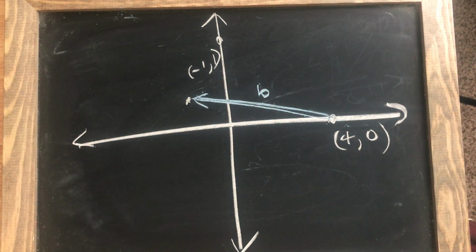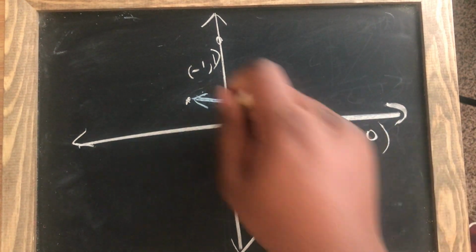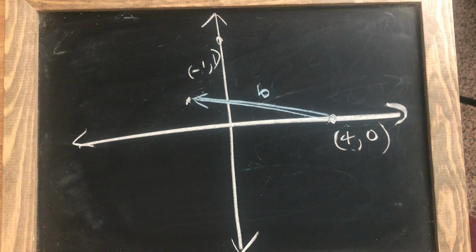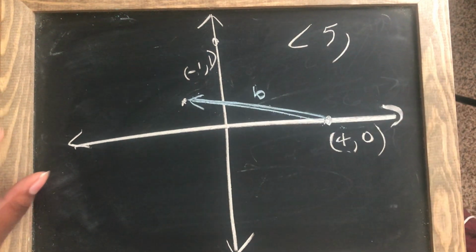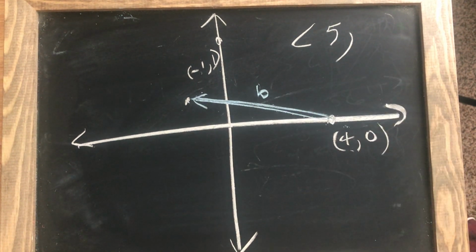Okay? How do I do that? Well, it's real simple. Think about it. I'm starting at 4, ending at negative 1. Am I going forward or backward? I'm going backwards, by how many units? 5. Am I going up or down? Well, I'm going up.